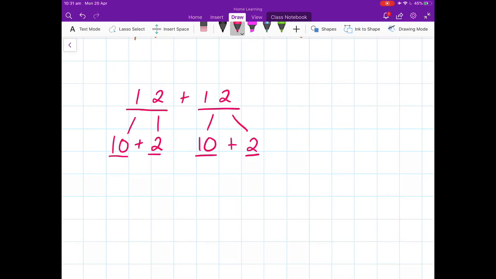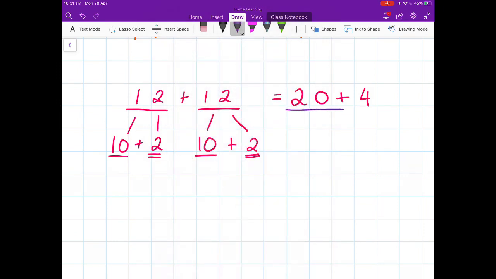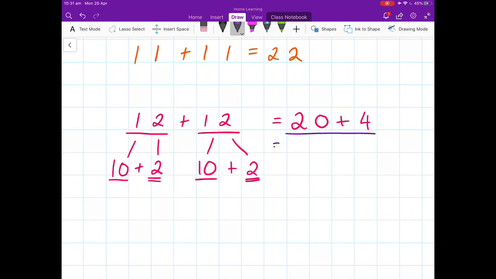So what is 10 plus 10? Is that 20? Fantastic. And what is 2 plus 2? 4. Well done. So if we look at our answer now, we've just created 20 plus 4, which is another number partitioned, and that answer is 24.